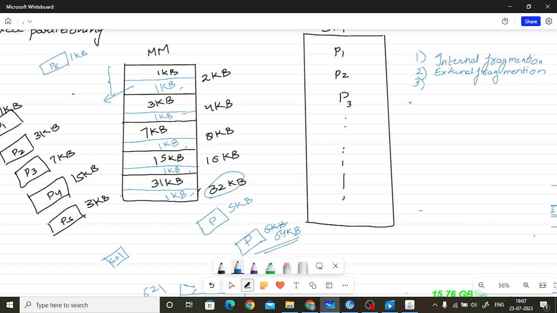So it's a disadvantage that we have a limit on process size. If the size of a process exceeds that limit, we can't accommodate that process into the main memory.